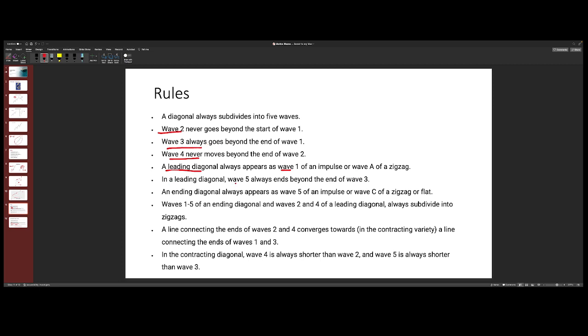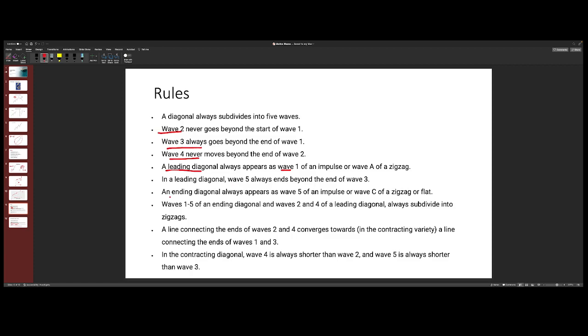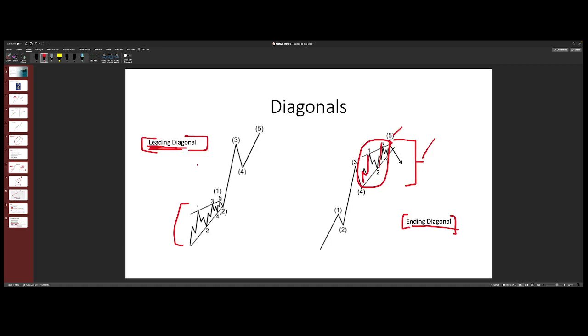In a leading diagonal, wave 5 always ends beyond wave 3. 5 always goes beyond wave 3. An ending diagonal, which are these guys, any diagonal, always occurs here in wave 5.